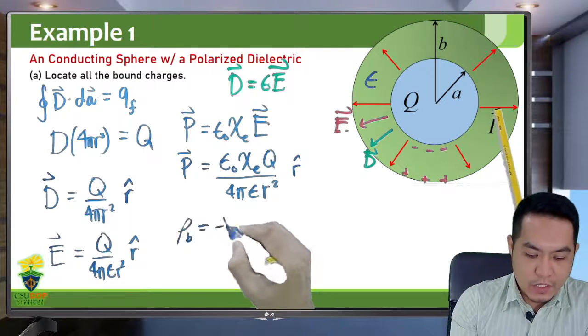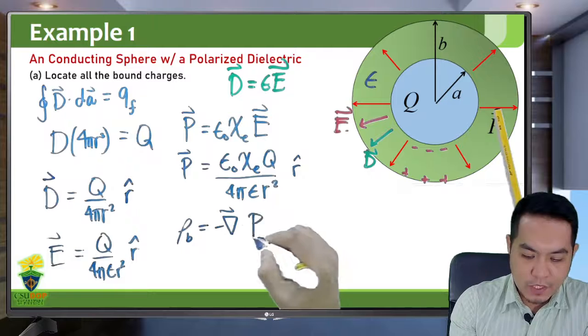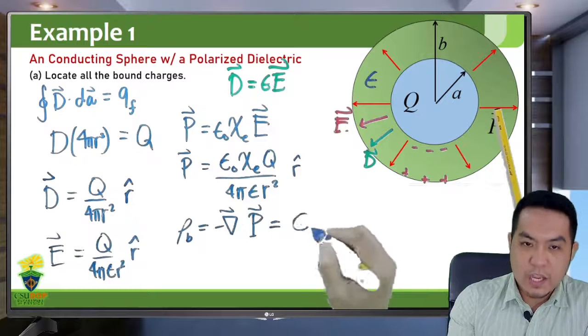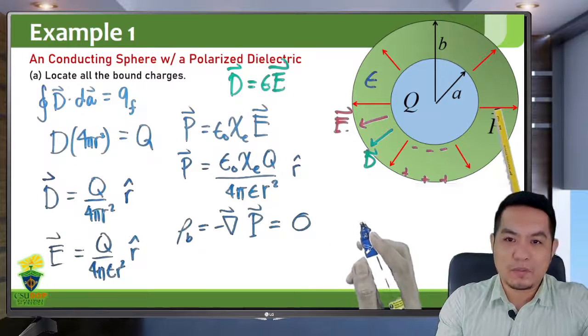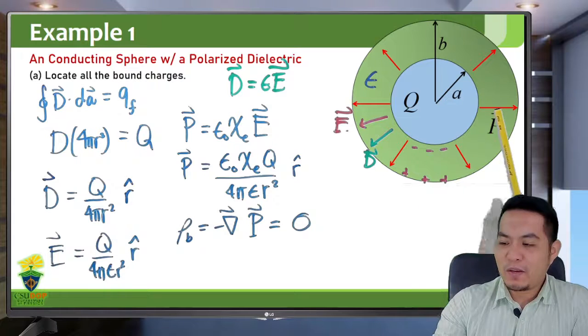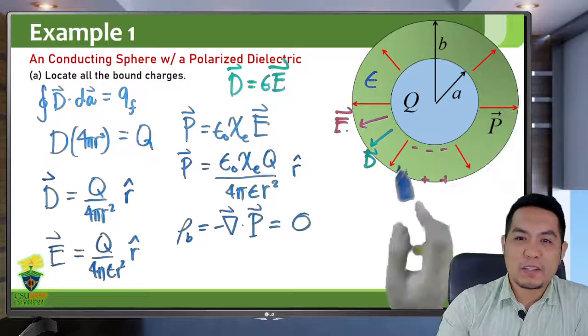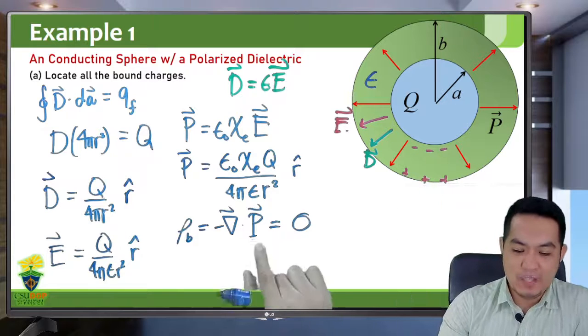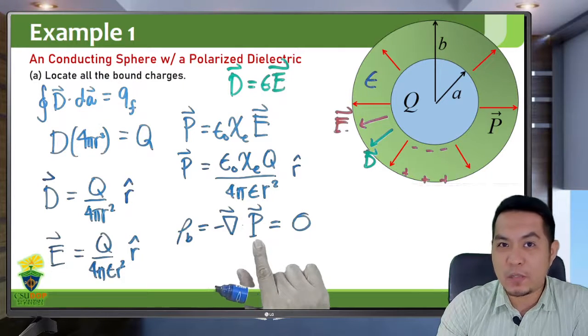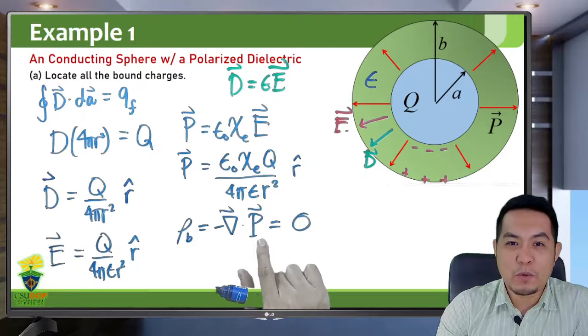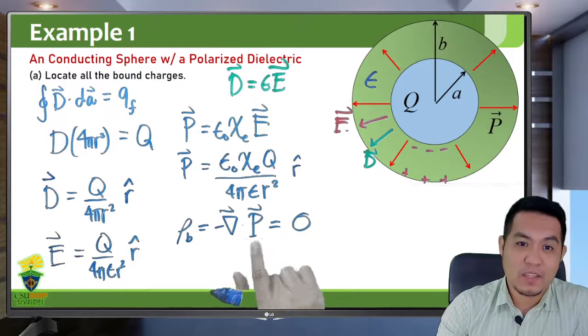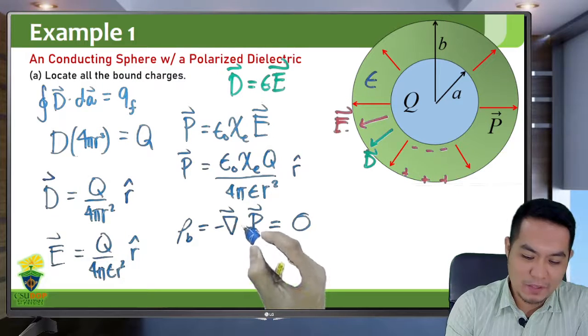The bound charge is the negative divergence of this polarization, and it will actually give you 0. Even though from the looks of our polarization vectors it's diverging, there's a special case here, as we obtained in the previous chapter. If your polarization is proportional to 1 over r squared, then it has no divergence.